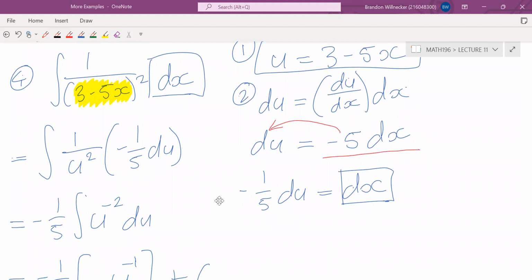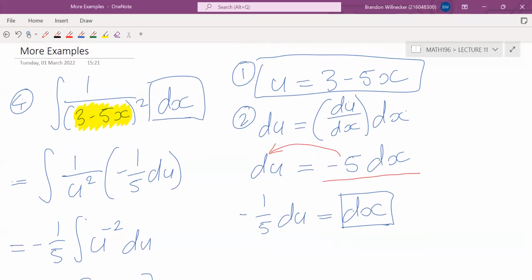So we are going to take part 1 and part 2 from step 1 and step 2, and we're going to substitute that into our integral. So 3 minus 5x now becomes u. dx now becomes minus 1/5 du. That is exactly what we just had here.